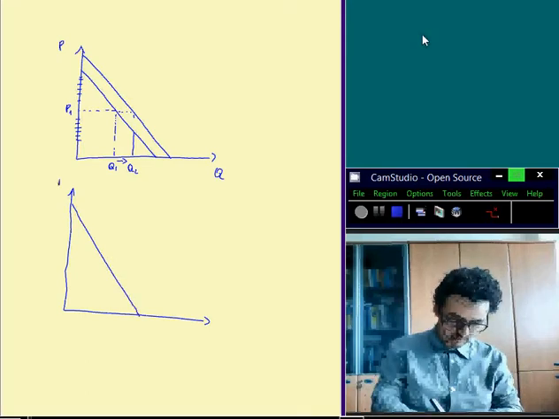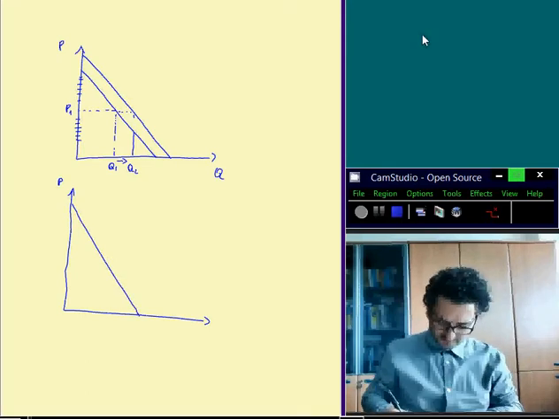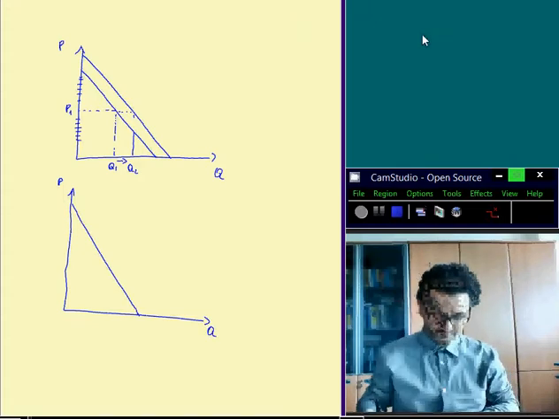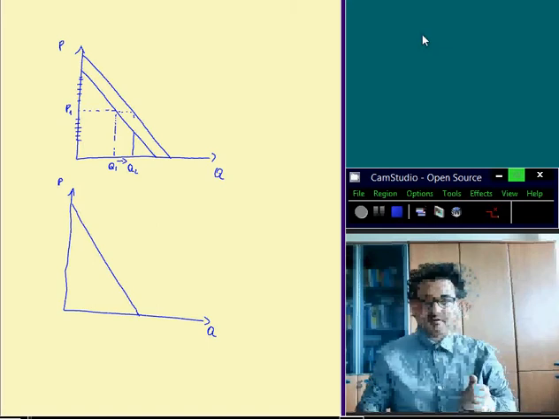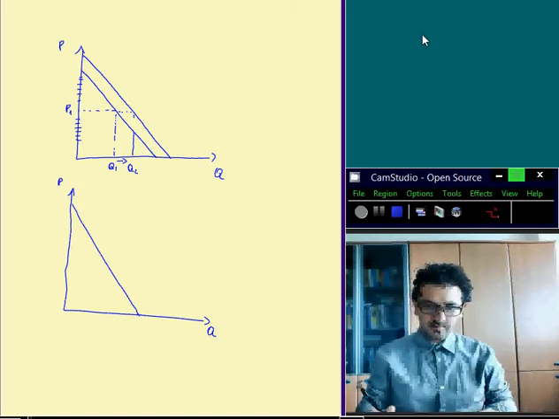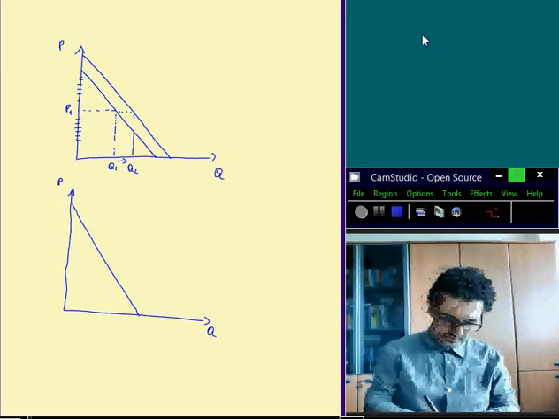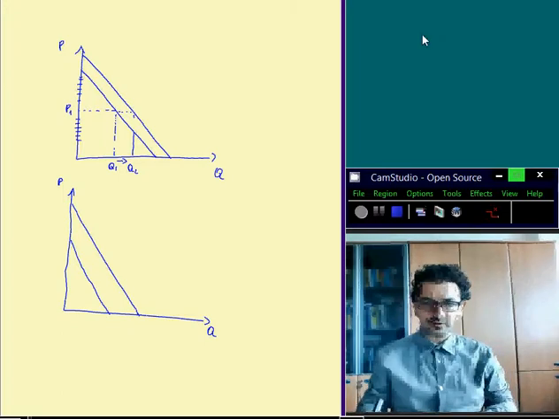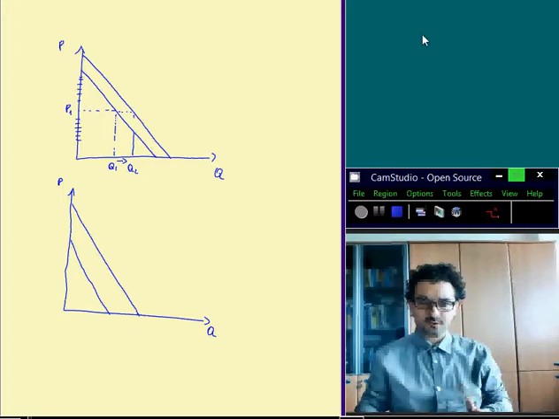Here we have the price for coffee and the quantity for coffee. If we have a decrease in the price of tea, what we will see is a shift on the left of the demand curve for coffee. And this is true because for each level of the price for coffee, now the quantity demanded is smaller.